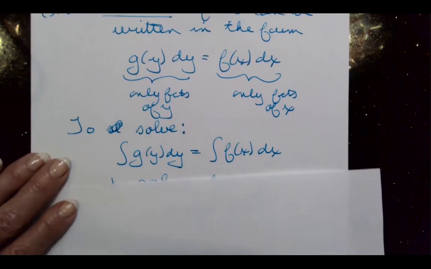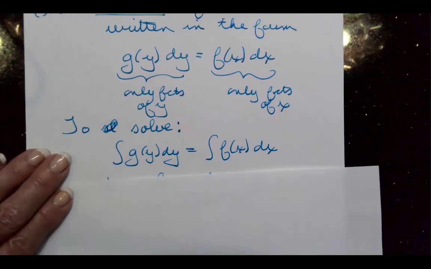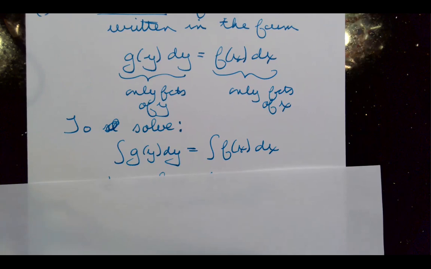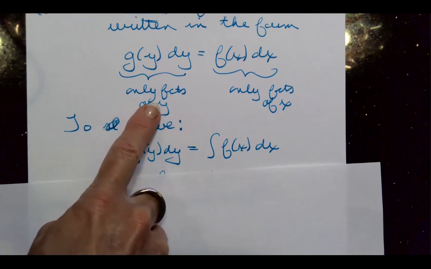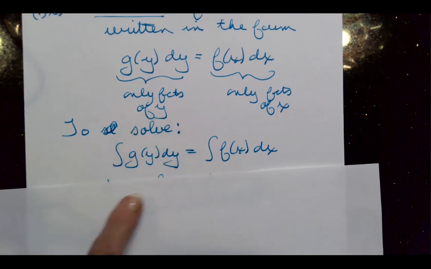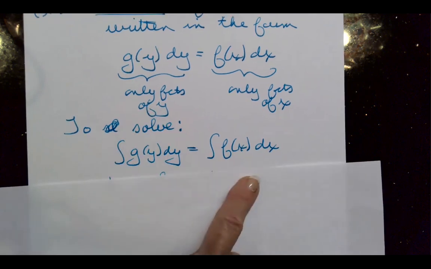And the method of solving it is really quite simple if it separates. If you hear some snoring in the background, that's one of my old golden retrievers who apparently thinks separation of variables is kind of boring. Okay, so he's snoring through it. The only thing you have to do if you have a separable equation is just integrate on both sides. What you do to one side of the equation, you do to the other.